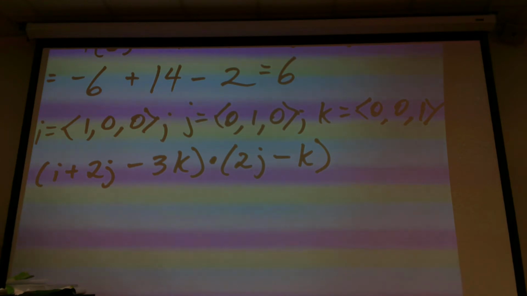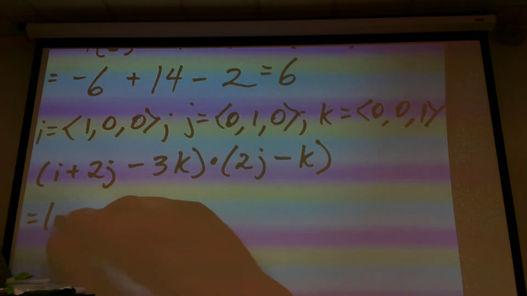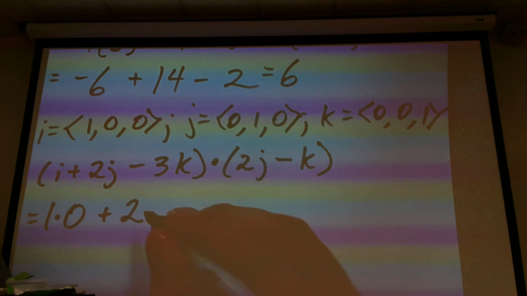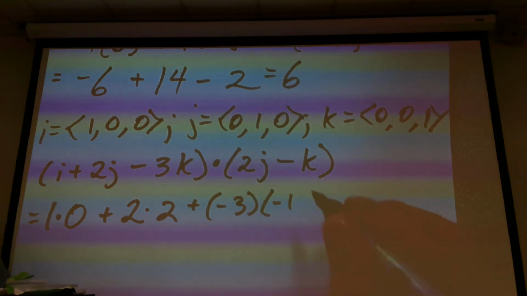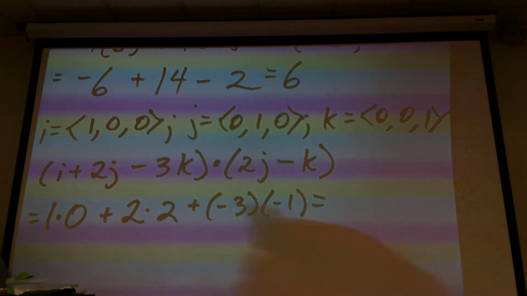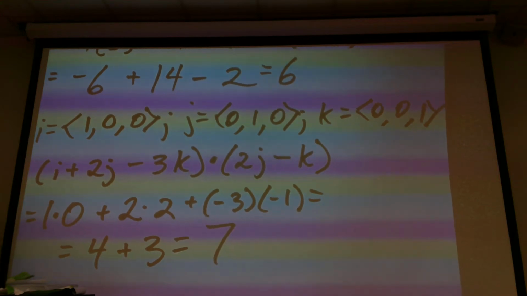We don't have an i in the second one. So that's going to equal 1 times 0 plus 2 times 2 plus -3 times -1. 1 times 0 is just 0, 2 times 2 is 4, and -3 times -1 is just a +3, and so that's going to come out to be 7.